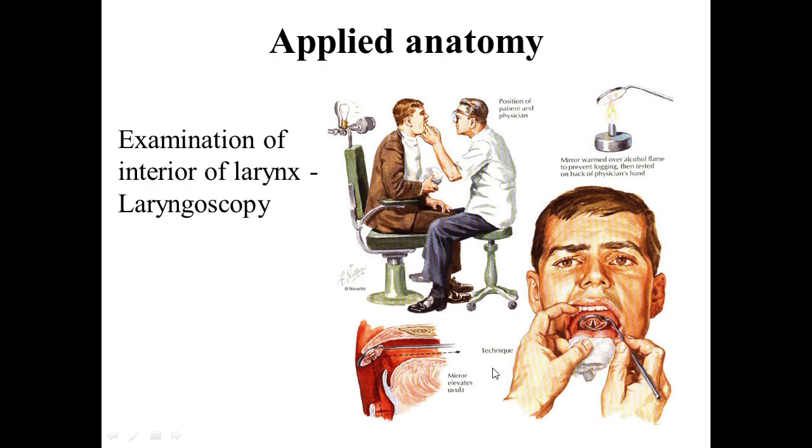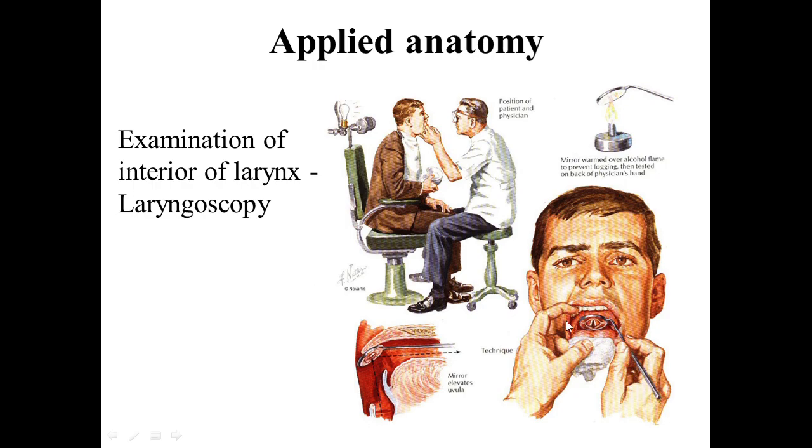Now, applied anatomy. Now, larynx can be examined by an instrument, that is a laryngoscope, and the procedure is called as the laryngoscopy. Now, there are two methods of laryngoscopy, indirect laryngoscopy and direct laryngoscopy. Indirect laryngoscopy is performed by laryngeal mirror.